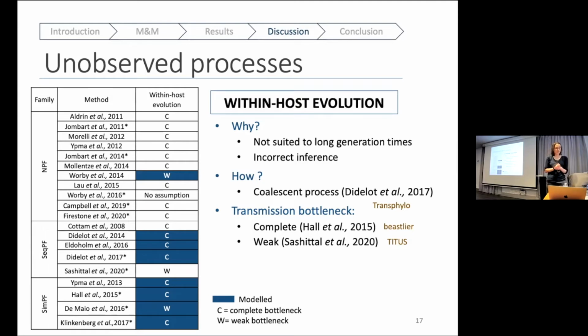Another point to take into account is transmission bottleneck, the possibility or not of transmitting genetically diverse strains. So most methods consider a complete transmission bottleneck, as in Hell's Base later, while 3 methods relaxed this assumption and accounted for a weak bottleneck.